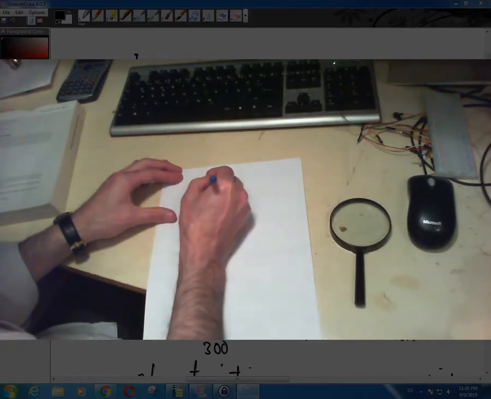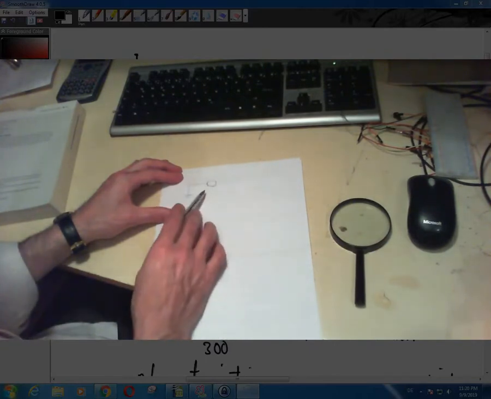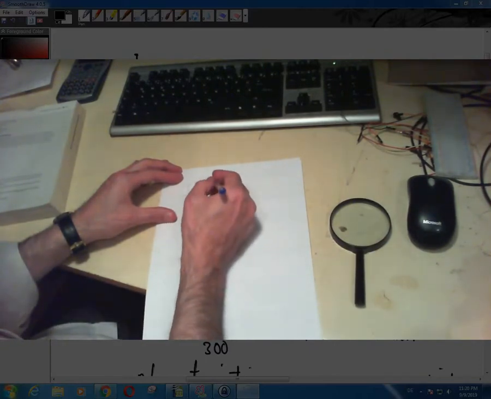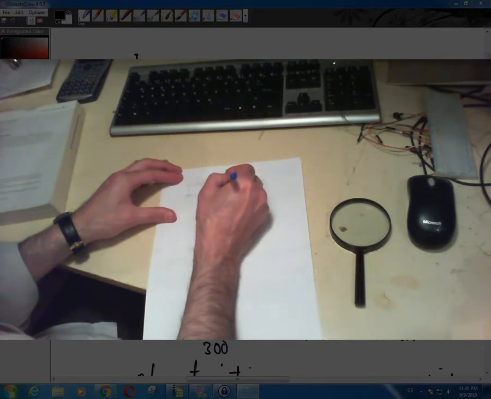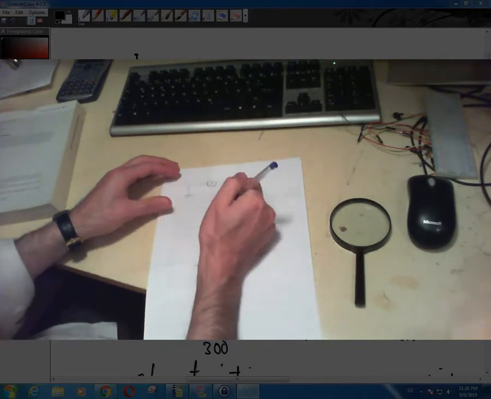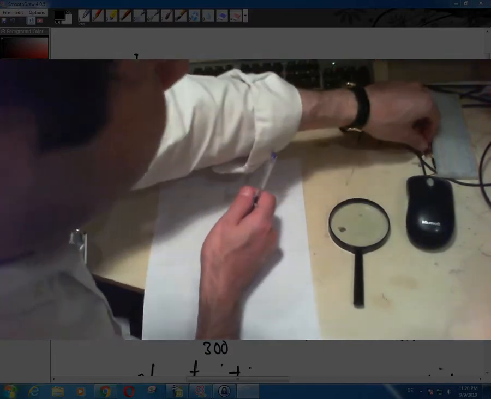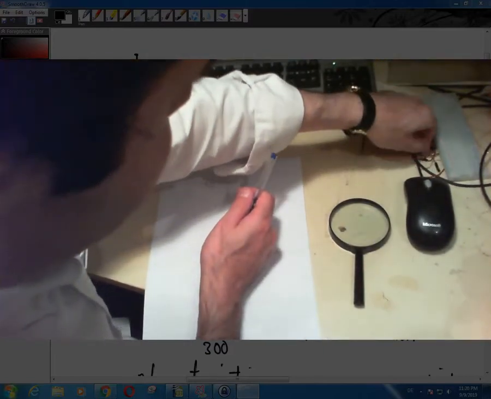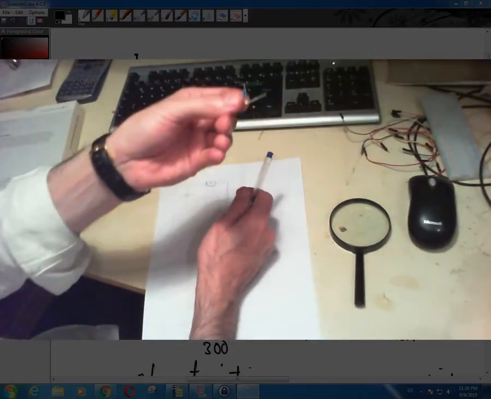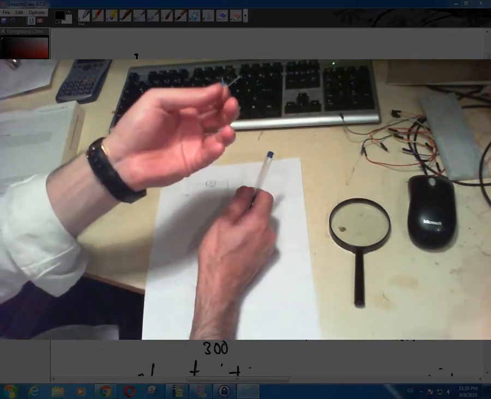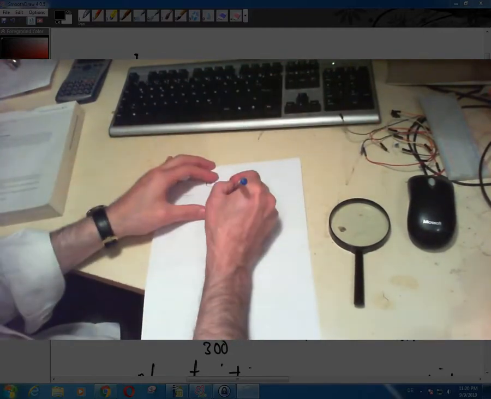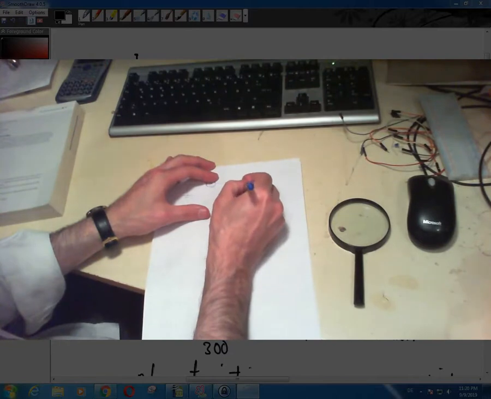Then it comes to some ammeter to watch the current going through the circuit, and then it goes through this resistor, which is a 330 ohm resistor or so.